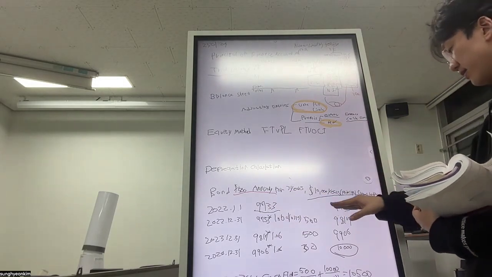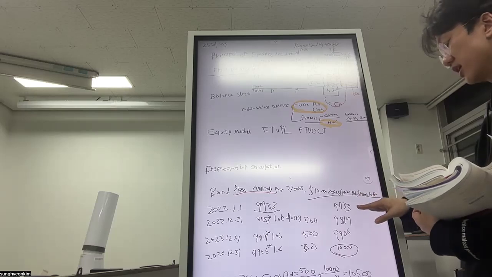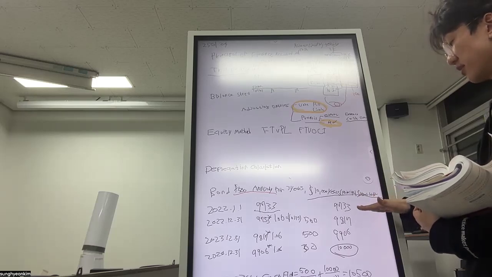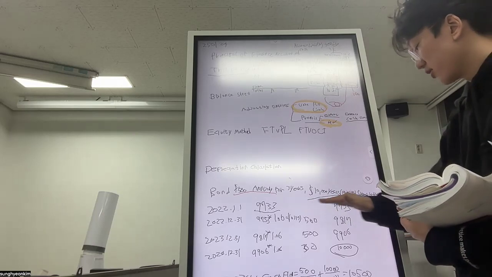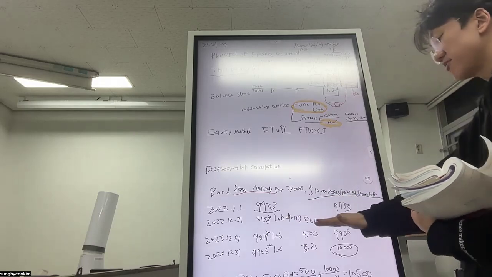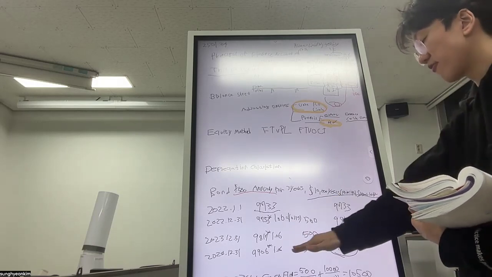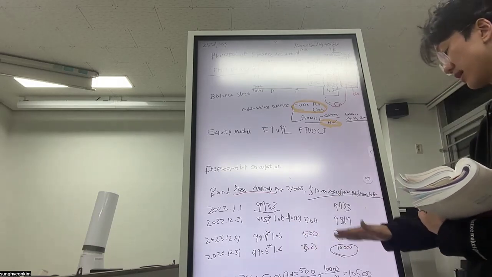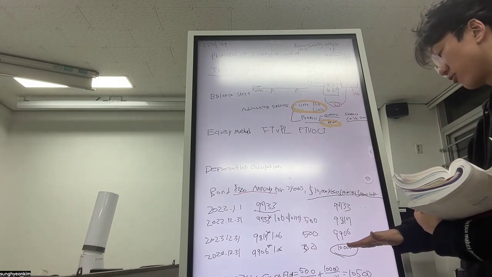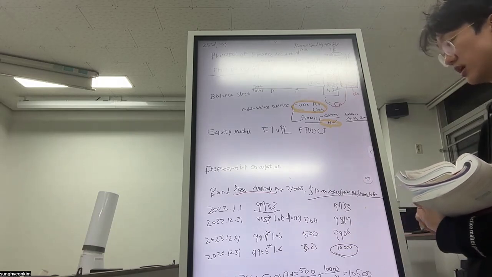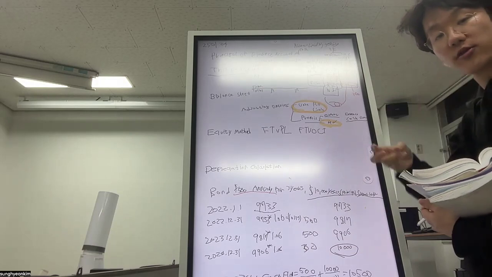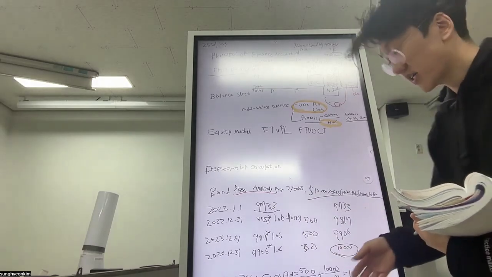Then the person who receives the money, their money will increase. Then they will pay you 500, and another 500 next time, and another 500. Then after that, they will pay $10,000. This is how bond price works, the fair bond price.